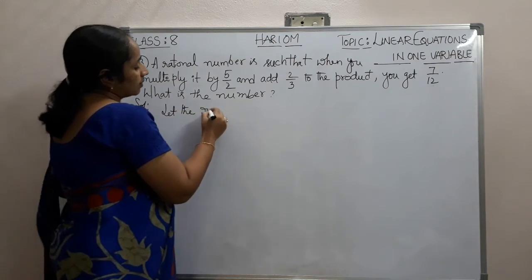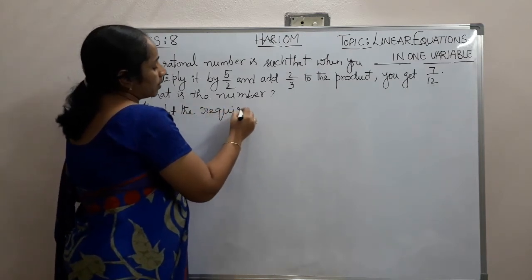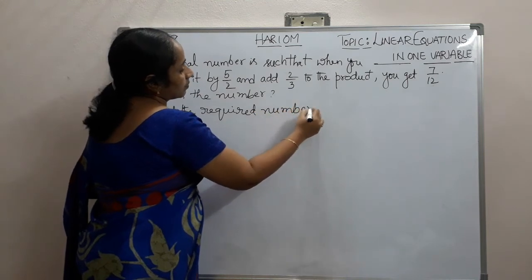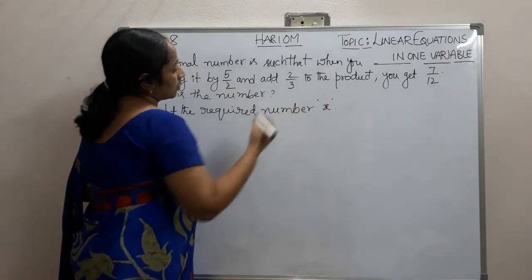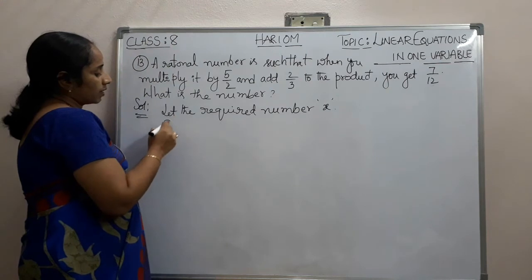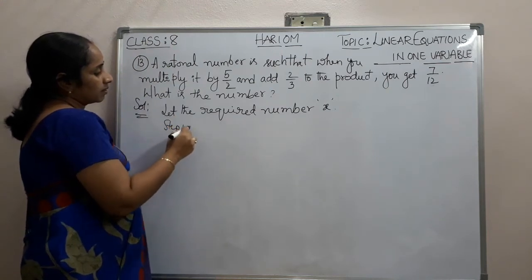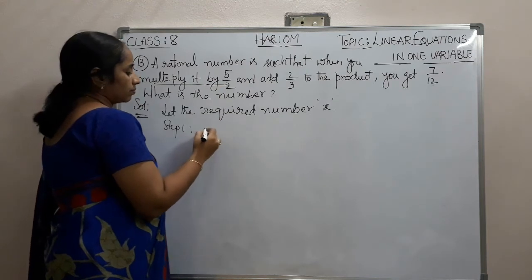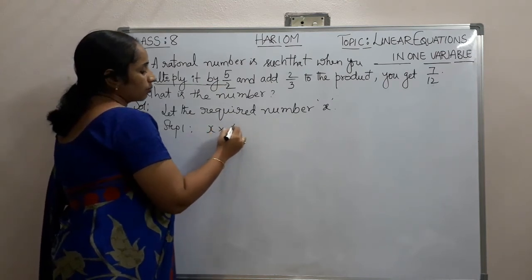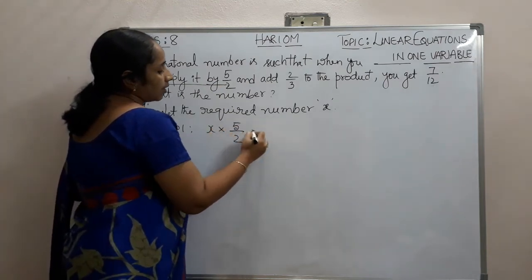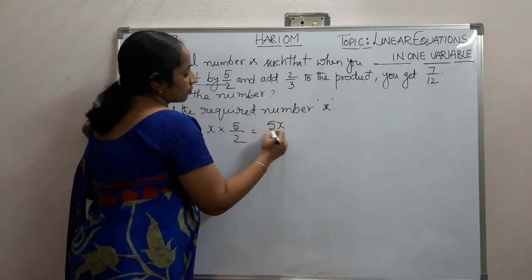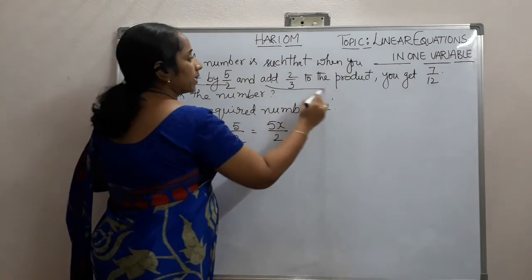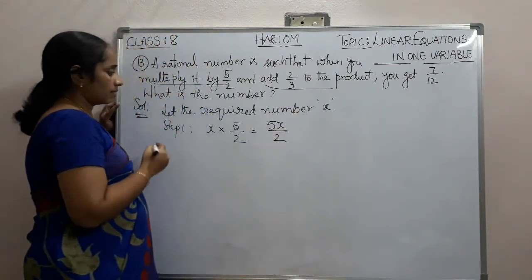Let the required number be x. So in step 1, what they said, multiply it by 5 by 2. x into 5 by 2, the product is 5x by 2. Add 2 by 3 to the product.